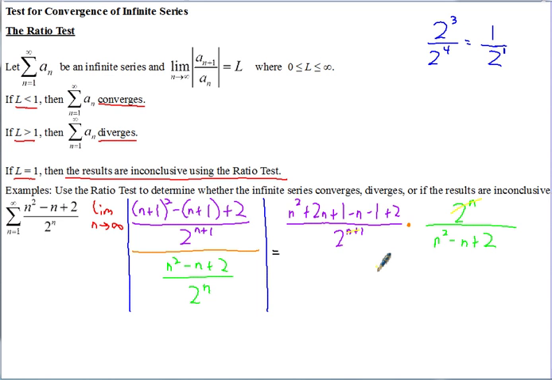And at the same time, let's go ahead and simplify out this numerator here. So let's see what we have left. Remember, we're still finding the limit of this as n approaches infinity. We combine our like terms there, we've got n squared plus 2n minus n, which is plus n.